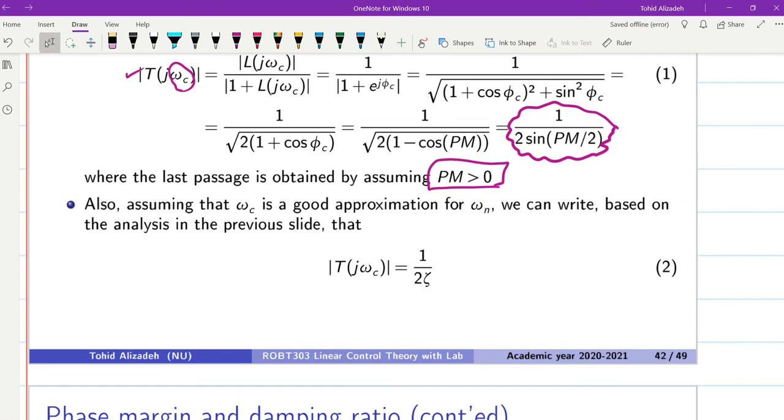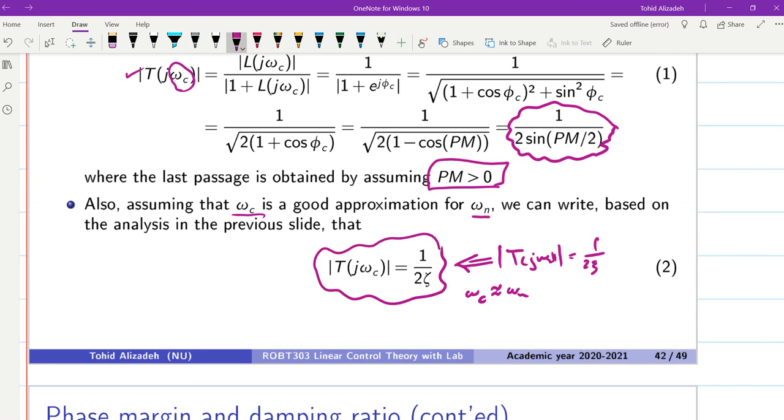We can also assume that omega c, the crossover frequency, is a good approximation for omega n. If we have this approximation in mind, then we know that the amplitude of T of j omega n is equal to 1 over 2 zeta. And if we apply it here, so if we assume that omega c is almost equal to omega n, we can say that amplitude of T of j omega c is equal to 1 over 2 zeta.